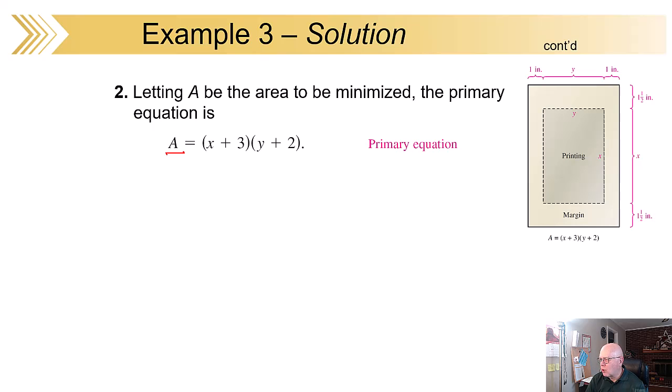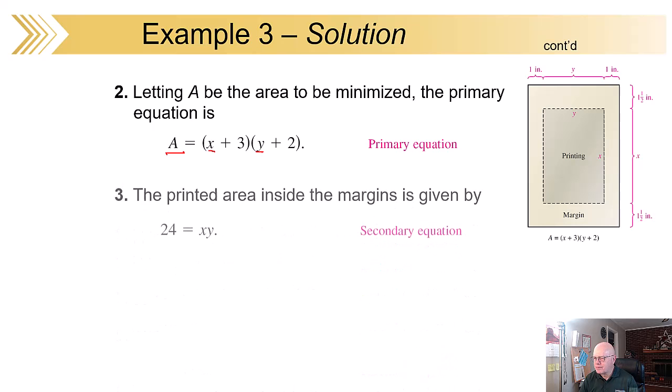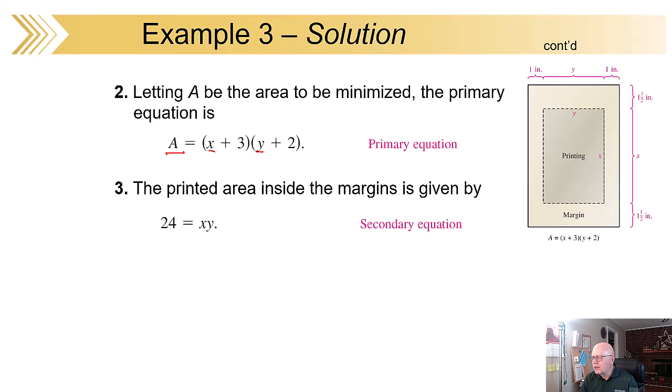The fly in the ointment right now is you've got two variables over here. You only want one, really. So what do we have? The printed area is 24 square inches, and that's X times Y. There's your secondary equation.